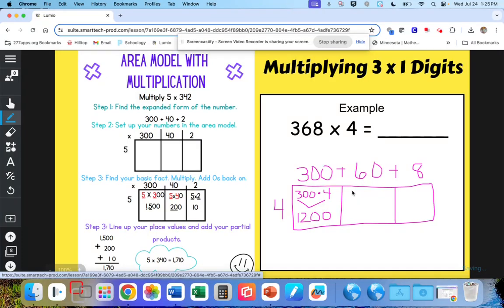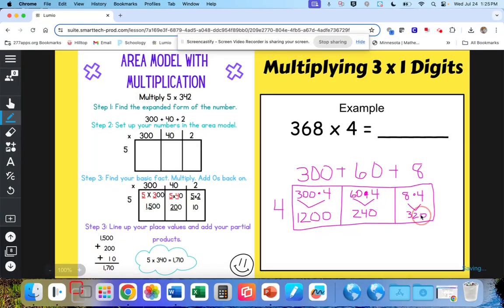Next one, I have 60 on top, not plus, times 4 on the side. 6 times 4 is 24. And I forgot about 1 zero, so I'm going to put 1 zero in. And the last one's 8 times 4. And 8 times 4 is 32.